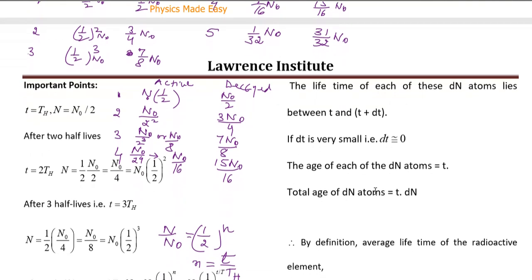The lifetime of each of these dN atoms lies between the time period t and t plus dt. If dt is very small, that is dt is approximately equal to 0, in mathematical language, dt tends to 0.